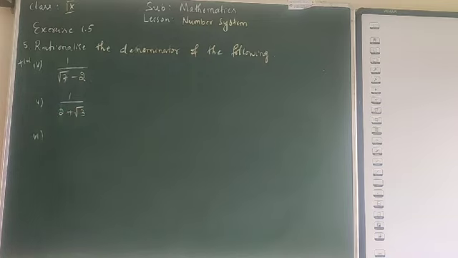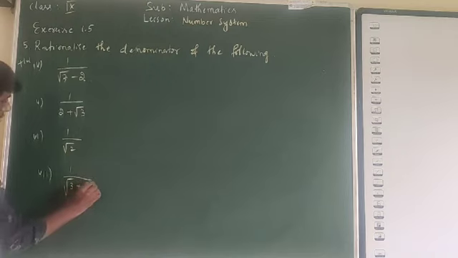Sixth one, 1 by root 2. Seventh one, 1 by root 3 plus root 5. Okay. So these are all the homeworks.